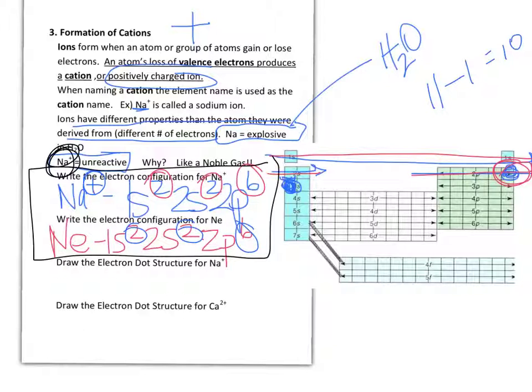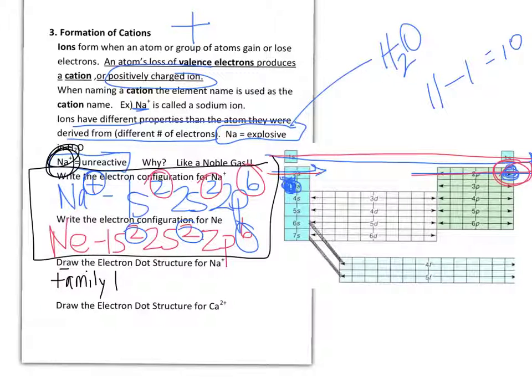So if we look at the periodic table, we have sodium as the element that is in family number 1. Okay, so family 1.